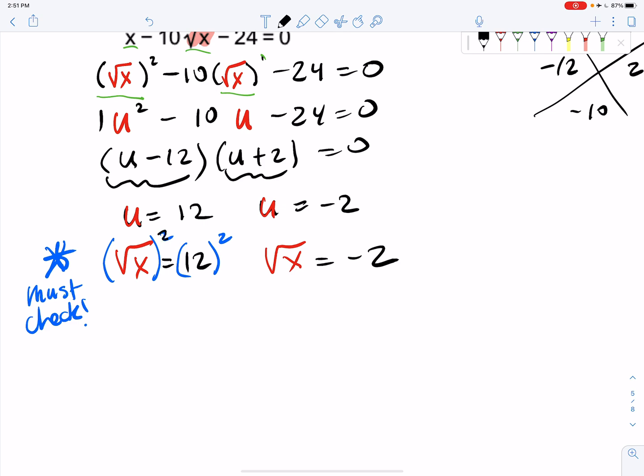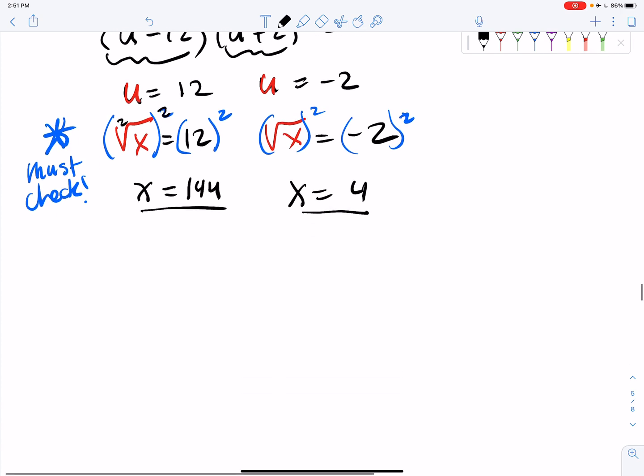So the power of 2 and the index of 2 are inverses. So we just get x, and 12 squared is 144. I have to check that, so don't call that an answer yet. We must check it. Square both sides, and we get x equals negative 2 squared, which is 4. We must check it.